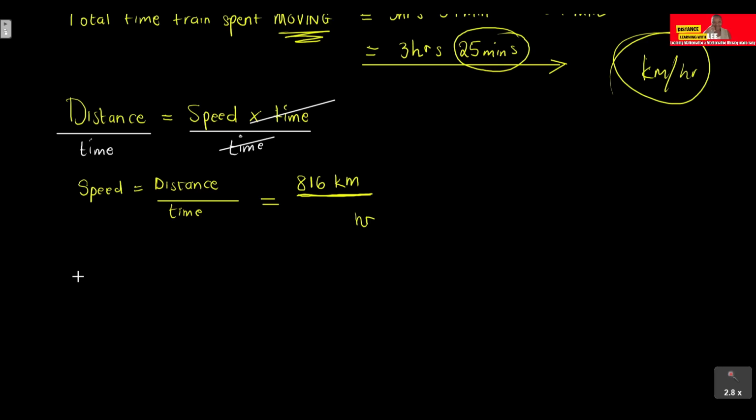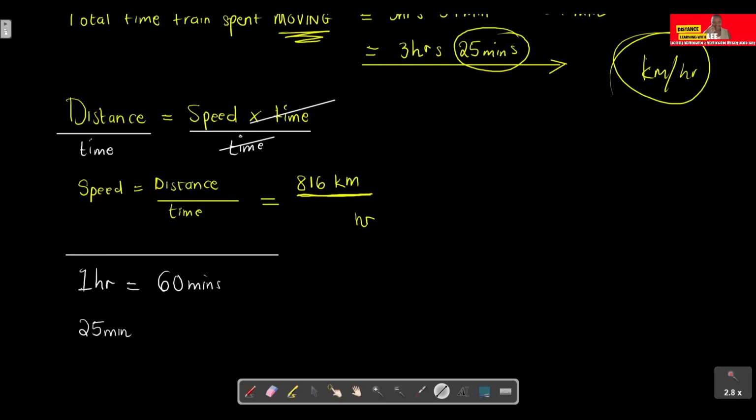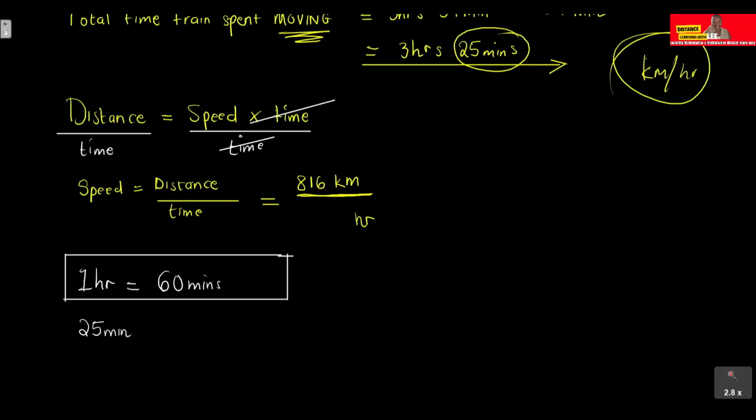Okay, all right. So we already know that 1 hour is equal to 60 minutes. We want to convert these minutes into hours. So remember, guys, we're going to take that 25 minutes, and we're going to use this equation to help us convert these minutes into hours: multiply by what you want, divide by what you have.